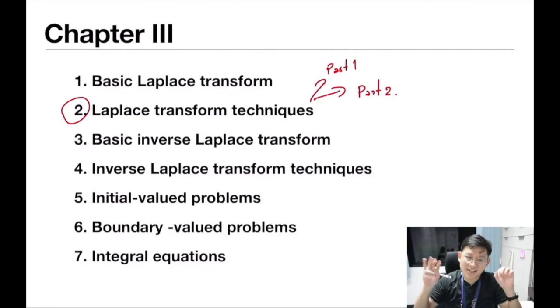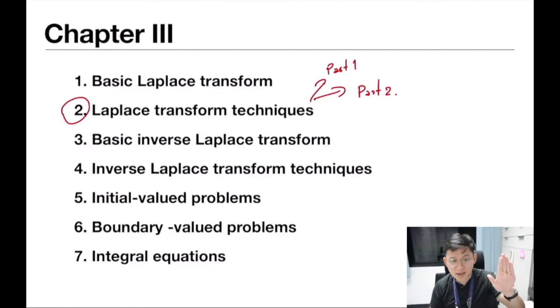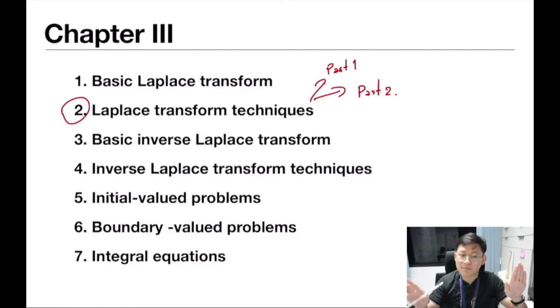That is the idea of the inverse Laplace transform. You have A, you take the Laplace transform, you get B. If you have B, you need to take the inverse Laplace transform to recover A. Okay, and how to do that? So in the next video, we're going to be talking about the basic inverse Laplace transform and hopefully the inverse Laplace transform techniques as well.